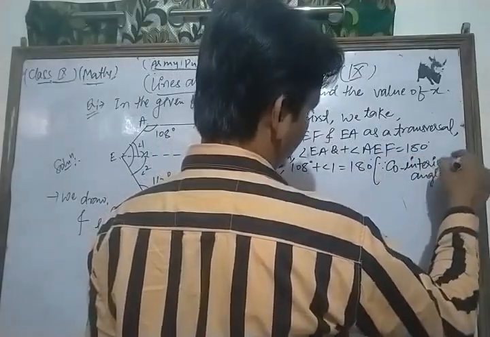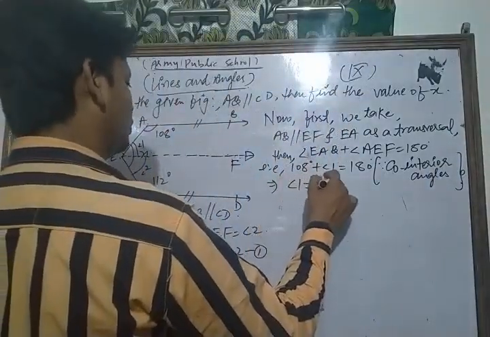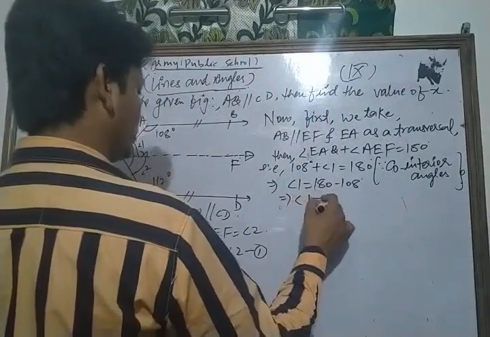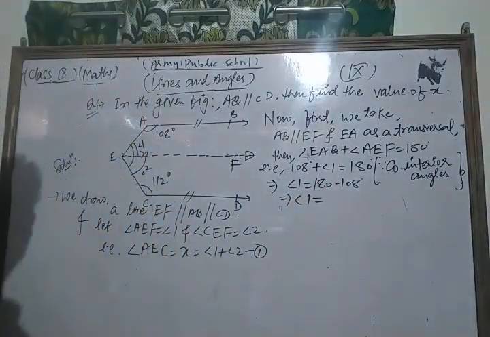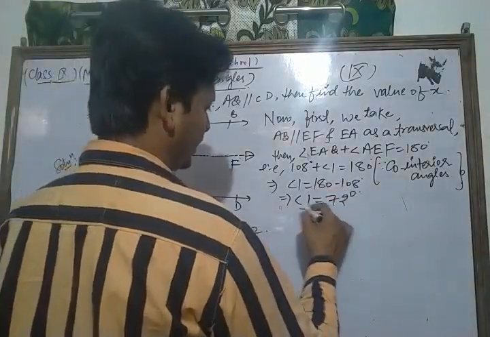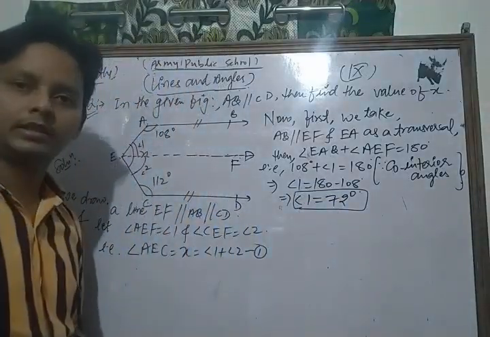Now from there we find angle 1 is equal to 180 minus 108, so angle 1 is 72 degree.